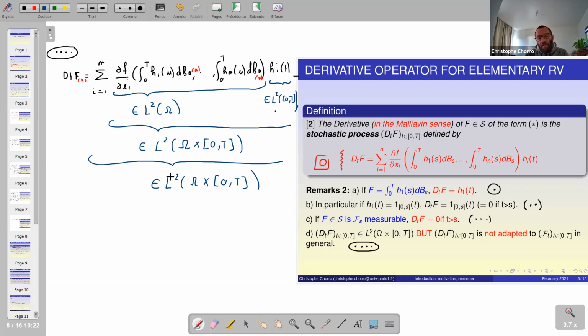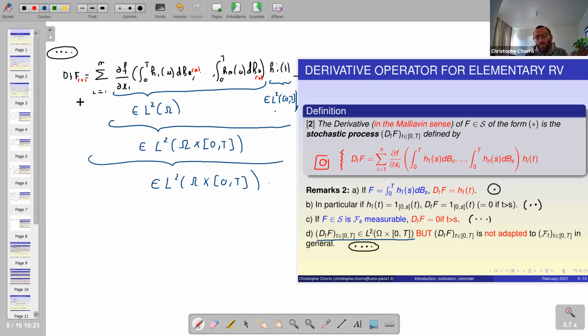So I remind you that the norm that I have on this space is the classical one you have used in the first semester. That is, the norm is equal to the square root of the expectation of the integral of the square of the process. So it's exactly what I have written here. dt of f is square integrable with respect to the two variables.